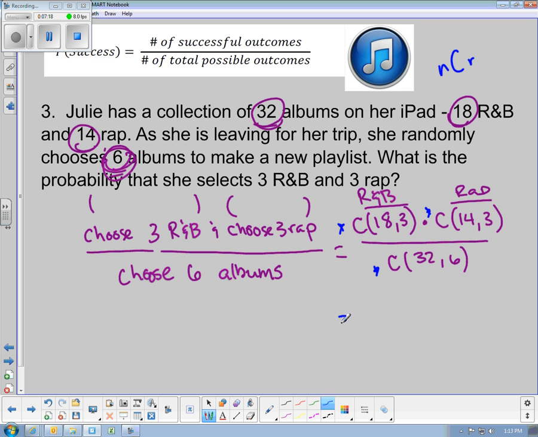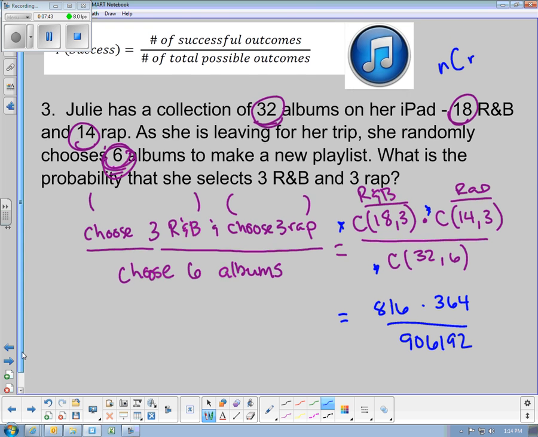The number values that I get here for the R&B albums, I get 816. For the rap albums, I get 364. For the total, I get 906,192. And then if I go one step further, 816 times 364 gives me 297,024.